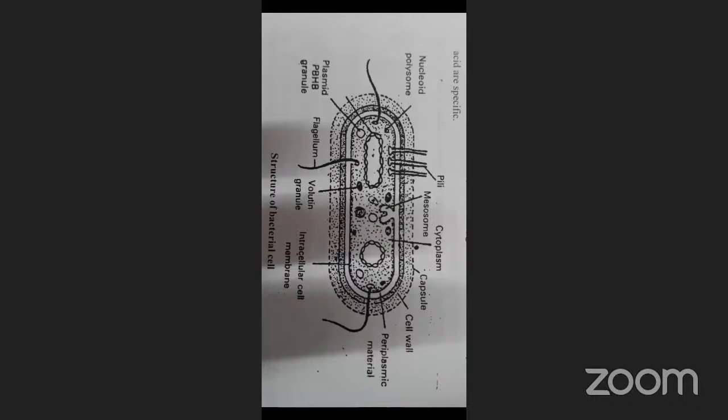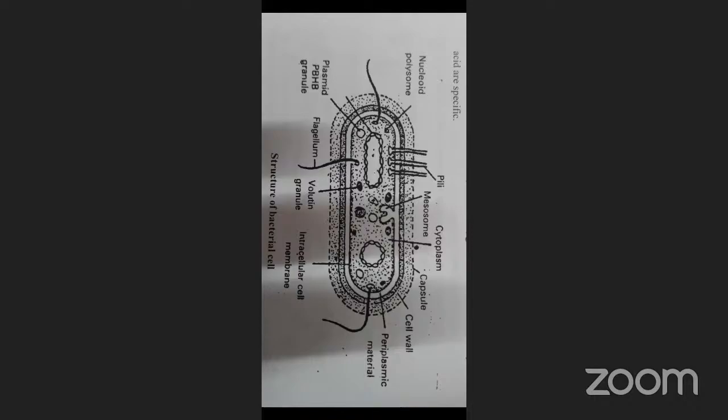They do not depend on others. So we call them autotrophs. Most bacteria lack chloroplast.